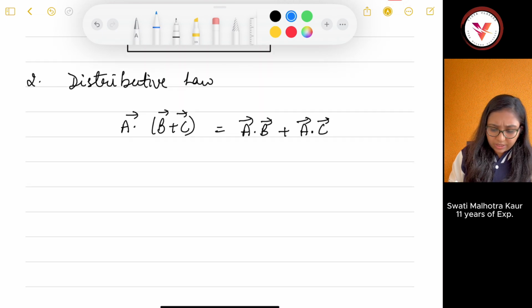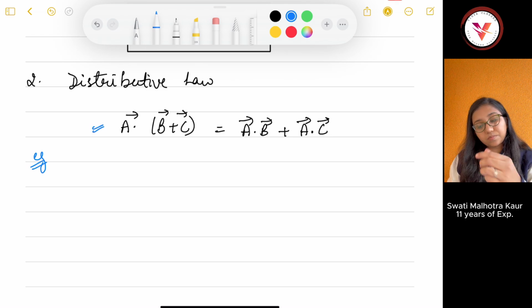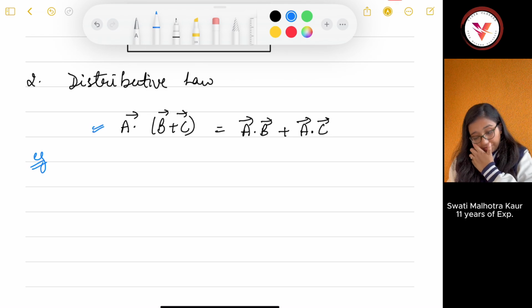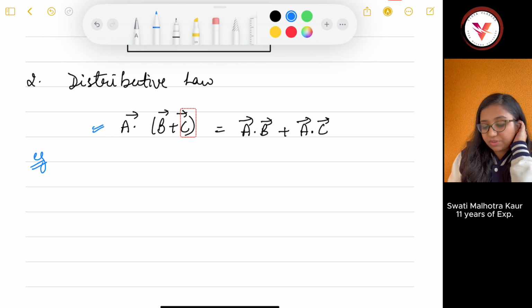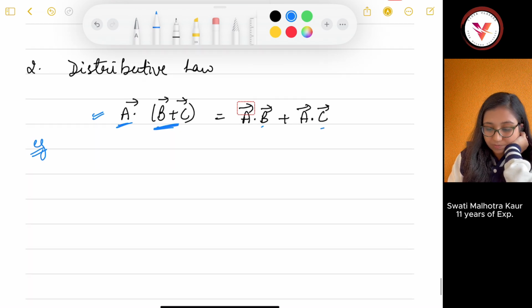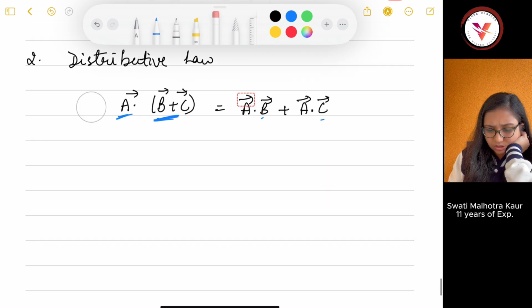You can also check this by a question, or again by physical interpretation. It means you add two vectors and then take the projection on A, or you take individual projections on A and then add. It's one and the same thing. So this is the thing.